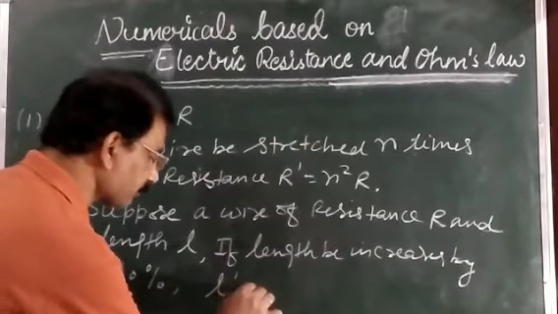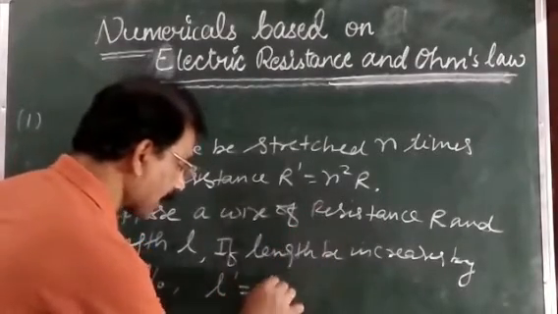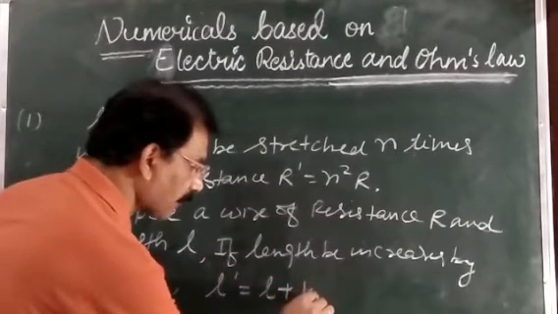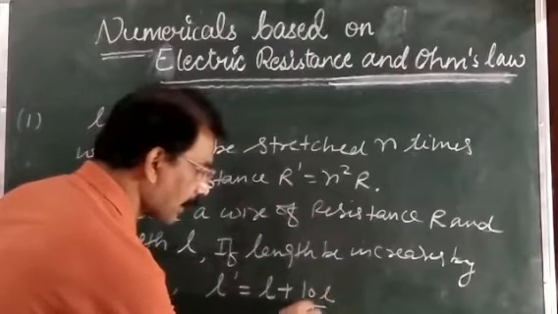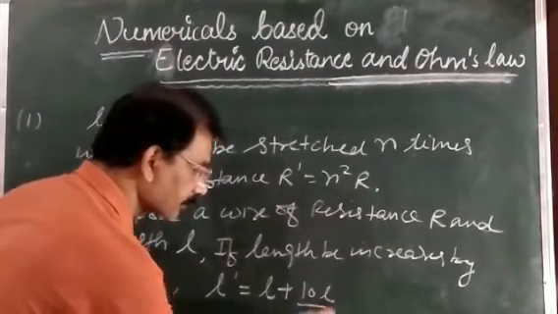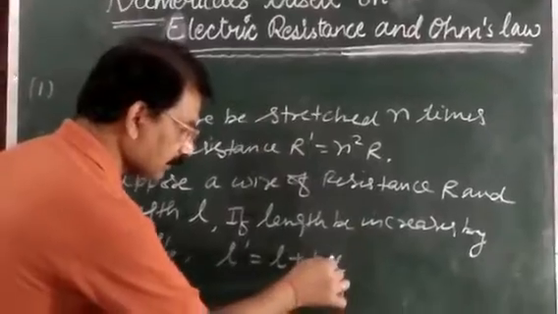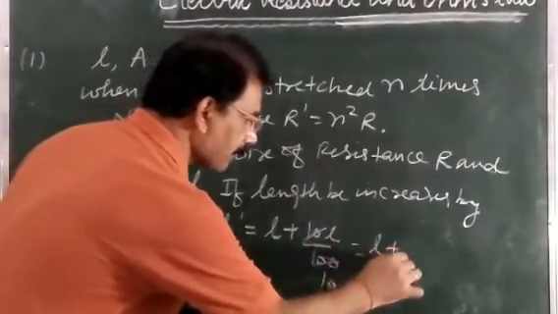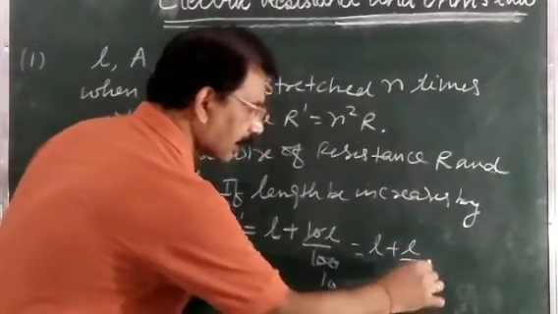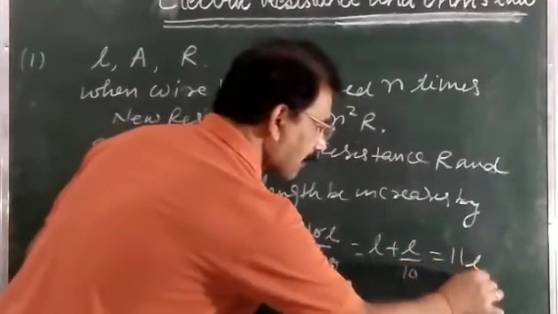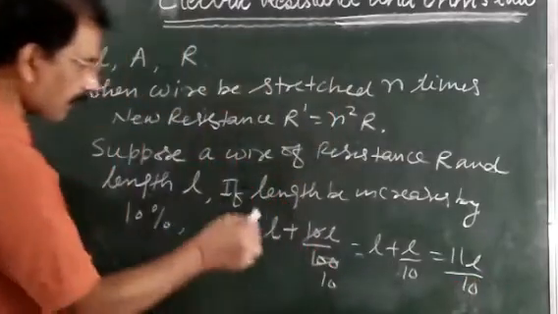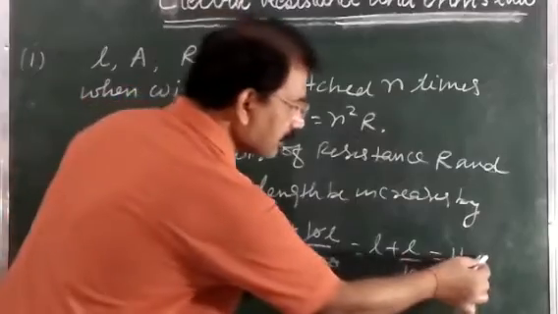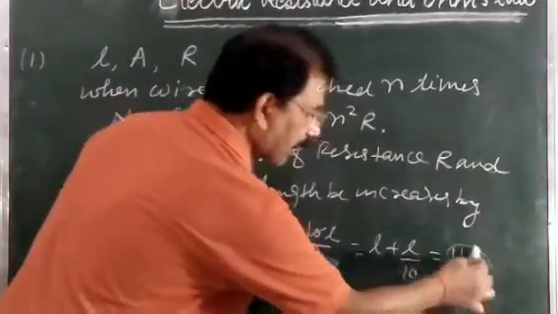So this L dash is equal to original length L plus 10% of L. 10% of L means 10L upon 100, so you will get L plus L by 10, and this becomes 11L by 10. It means earlier its length was L, and after stretching its length becomes 11L by 10.